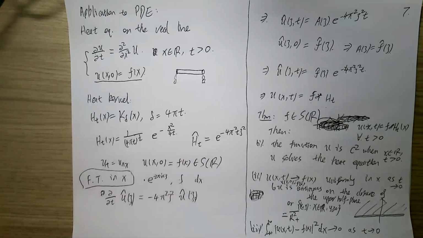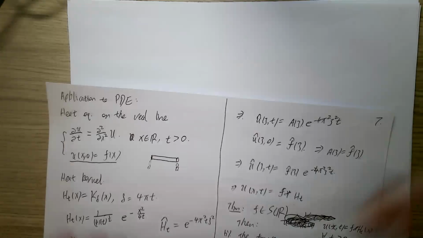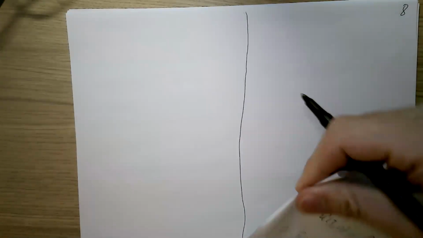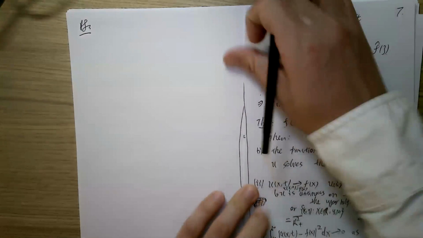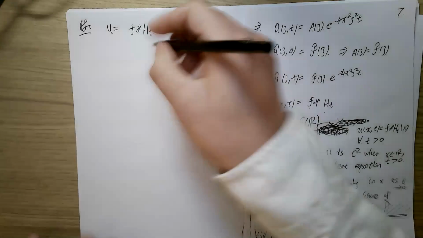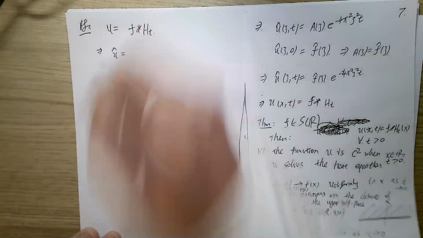Any other question? So let's prove it. Let's prove that it's indeed a solution. First, u equals f convolved with h_t, right? So that means u hat is what?